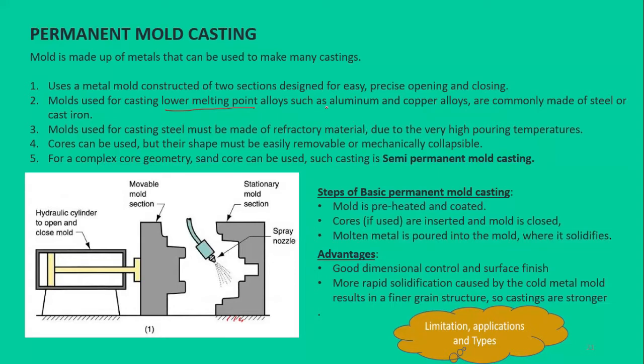So we mostly cast low melting point materials such as aluminum, copper alloys, and some magnesium alloys. While if we want to cast steel or cast iron, we need to make the mold of ceramic or some refractory material. Otherwise, mostly the molds are made of steel or cast iron to cast the low melting point materials.